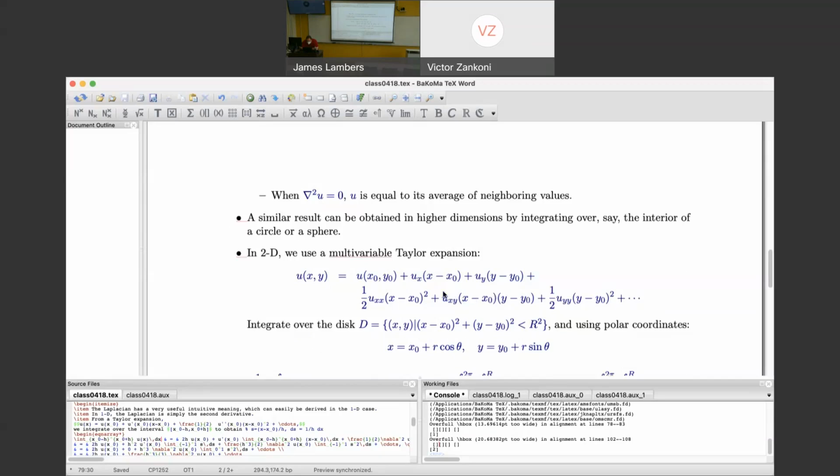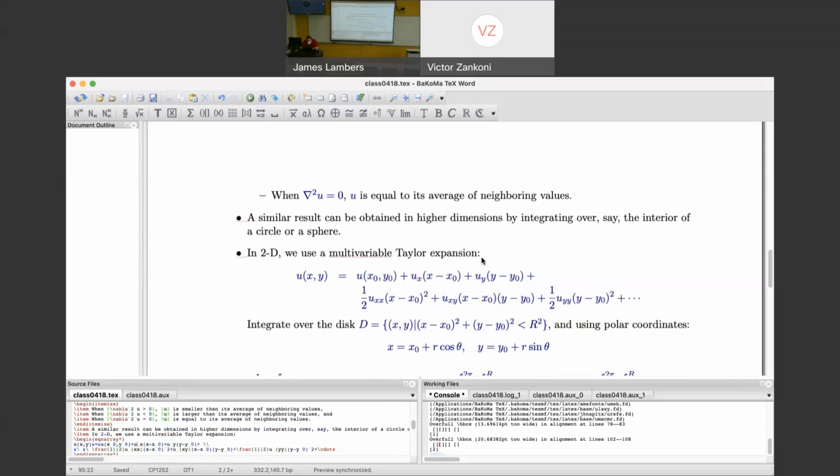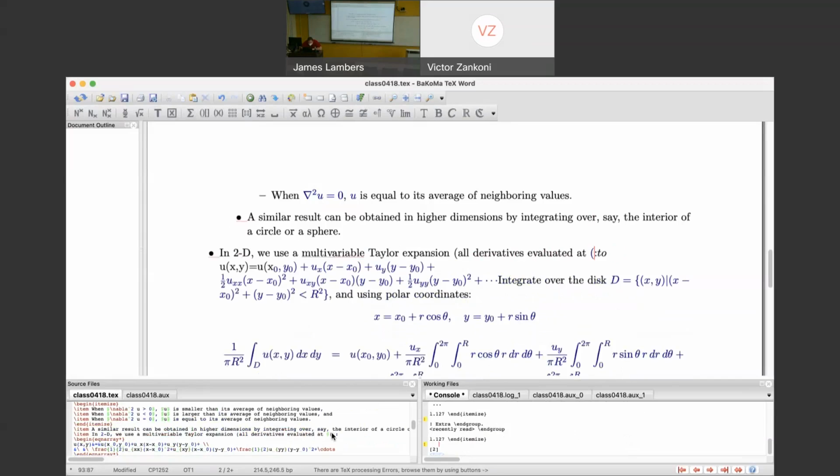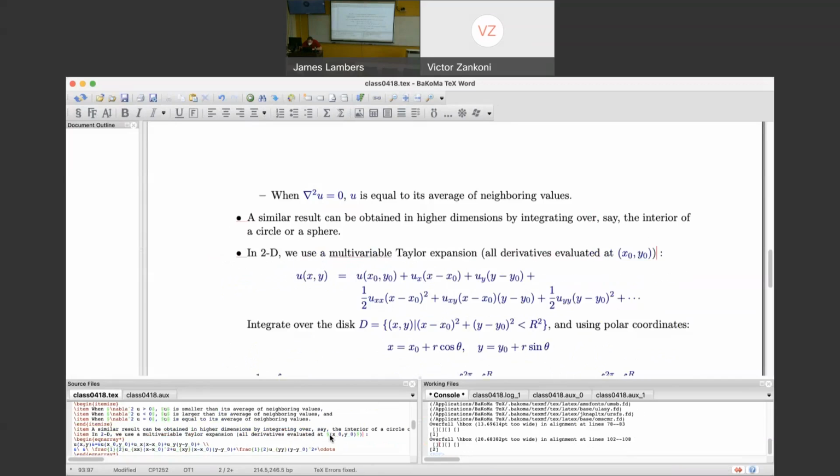Now, for convenience, notation-wise, any derivatives that we see here are evaluated at the center of the expansion, x naught, y naught. Otherwise, this expression would get too cluttered.